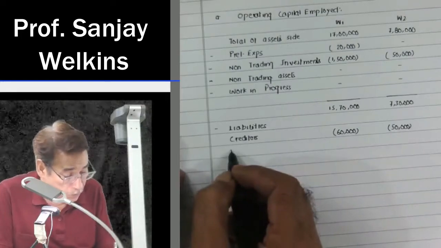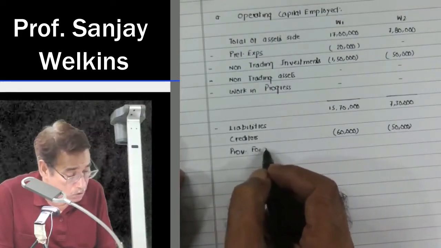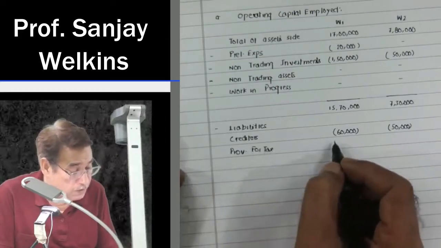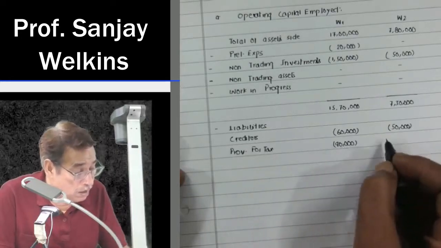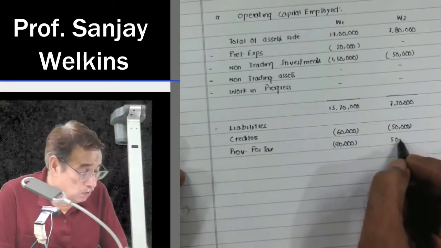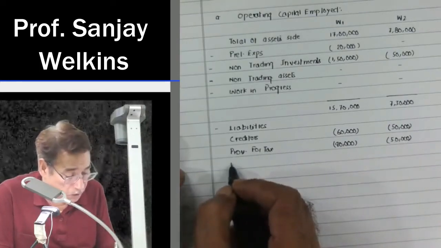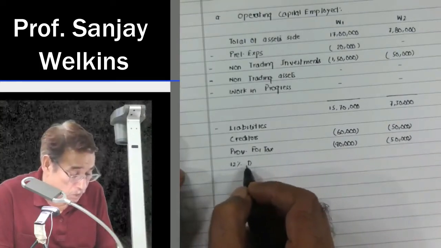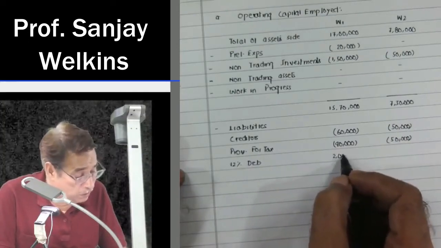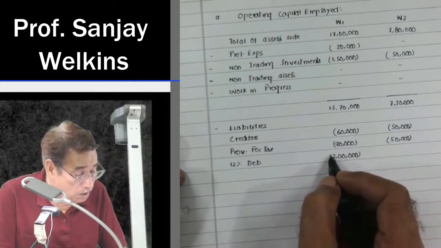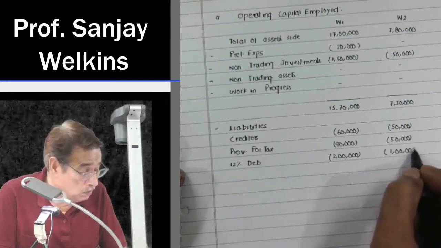We will subtract provision for tax, which is 90,000 and 50,000 once again. Then we will subtract another liability, 12% debenture. Of this company it is 2 lakh and of this one it is 1 lakh. Correct?